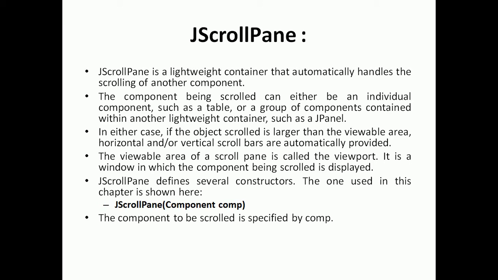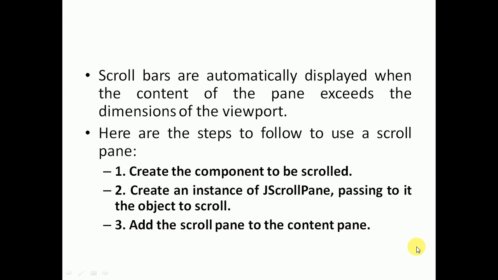The one used in this chapter is shown here, that is JScrollPane and the component to which you want to add this horizontal as well as vertical scroll bar. The component to be scrolled is specified by the component. Scroll bars are automatically displayed when the content of the pane exceeds the dimension of the viewport.